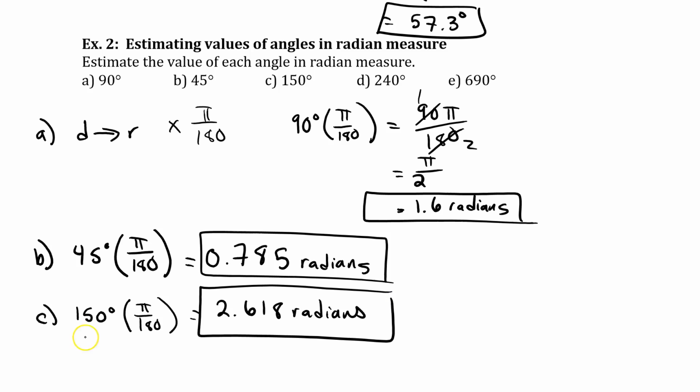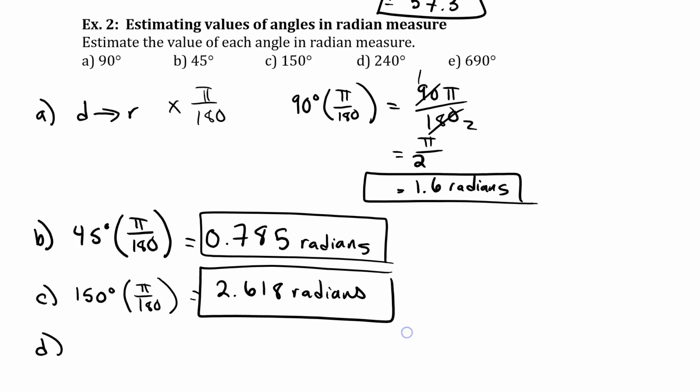So that means in an angle that is 150 degrees, if we were to cut out bits of radians in yarn and place it around the circumference of the circle, 150 degrees is the same thing as placing 2.618 radii around the circle.